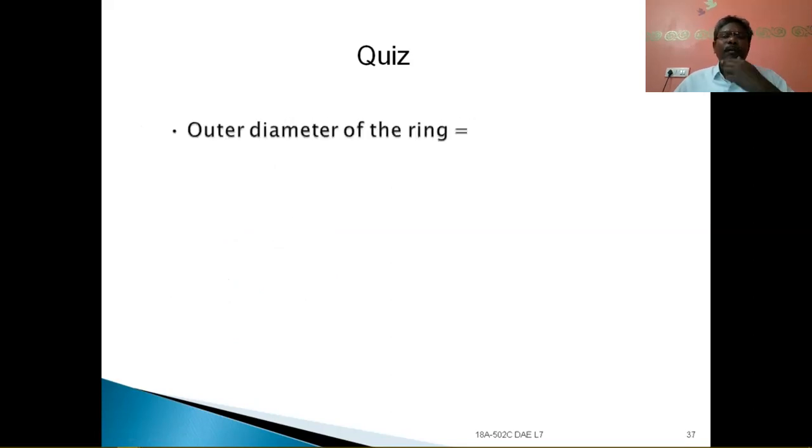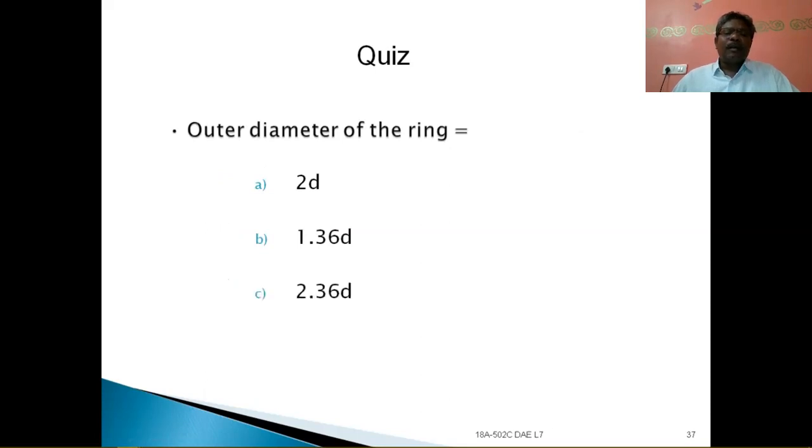Next, the outer diameter of the ring of an eye bolt: 2D, 1.36D, 2.36D, or 3.6D. Which is the right answer?